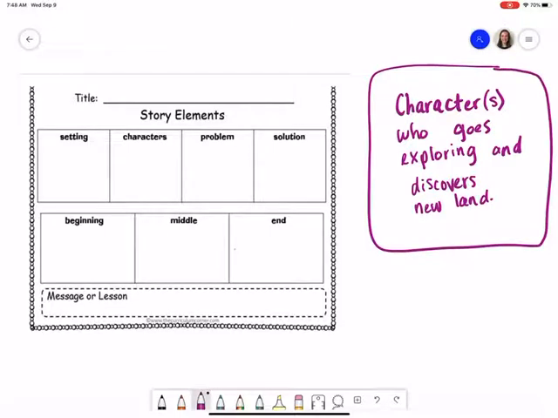But this can happen in a lot of different places. So this could happen in a magical place. So maybe, let's say it's in a wizard world. And you could build your wizard world. It could be maybe a long, long time ago in the old days.